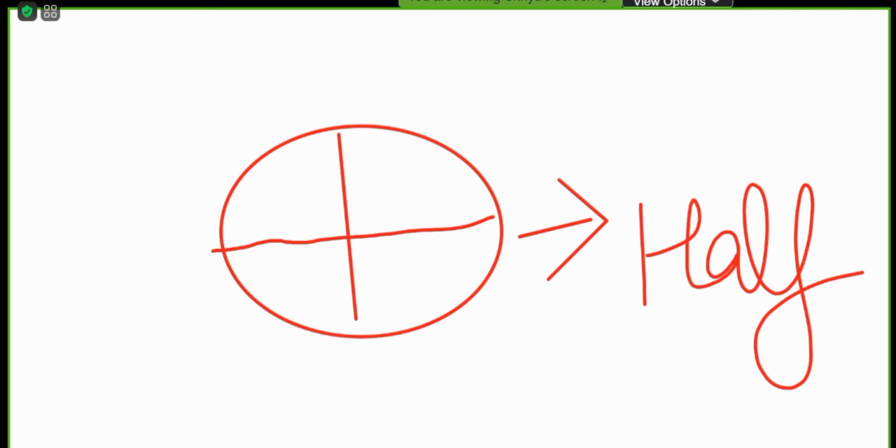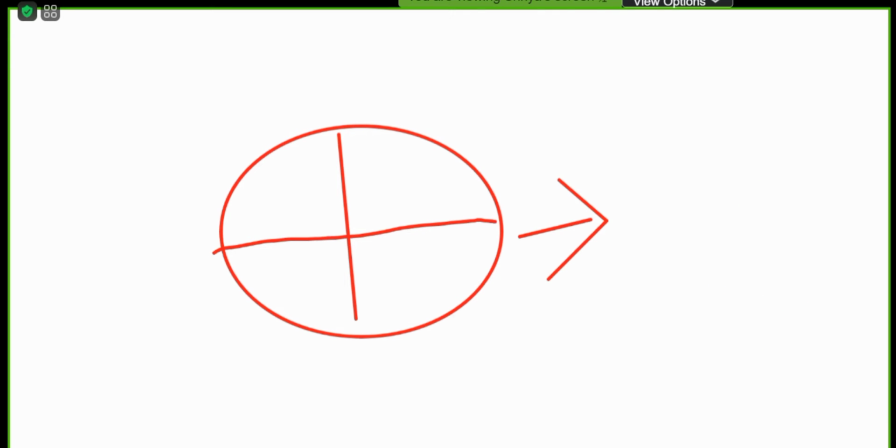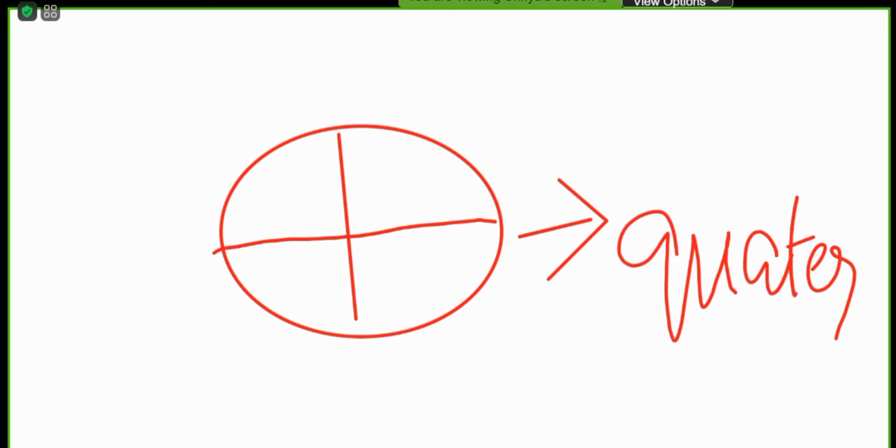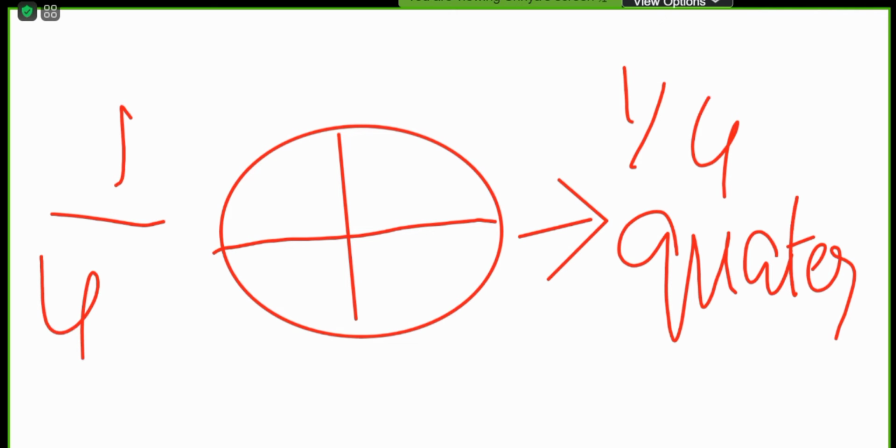Second, if I divide the cake into 4 pieces, it will be known as a quarter. Here the spelling of quarter is wrong, quarter, and we can also say it as 1/4.